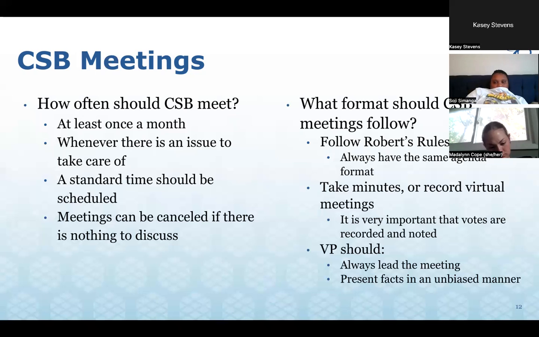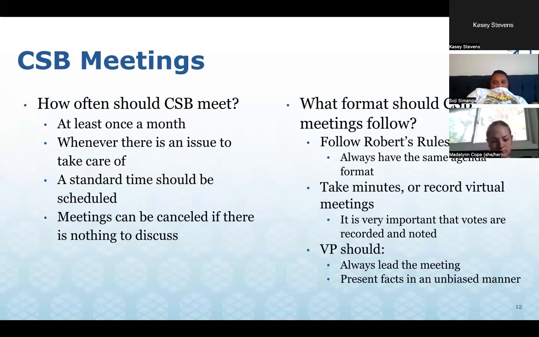Maybe you'll definitely meet halfway through a semester, just checking in on if folks seem like they're on track to meeting requirements. And then definitely near the end of a semester, when folks are likely to not meet all requirements. Questions about how often you should meet?